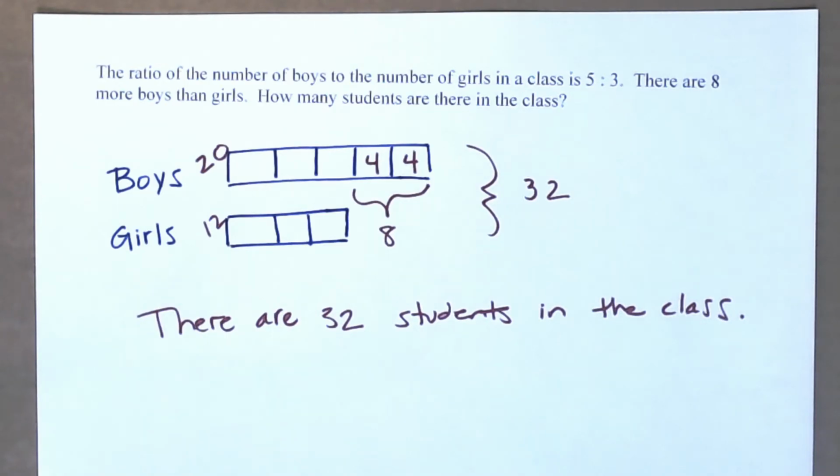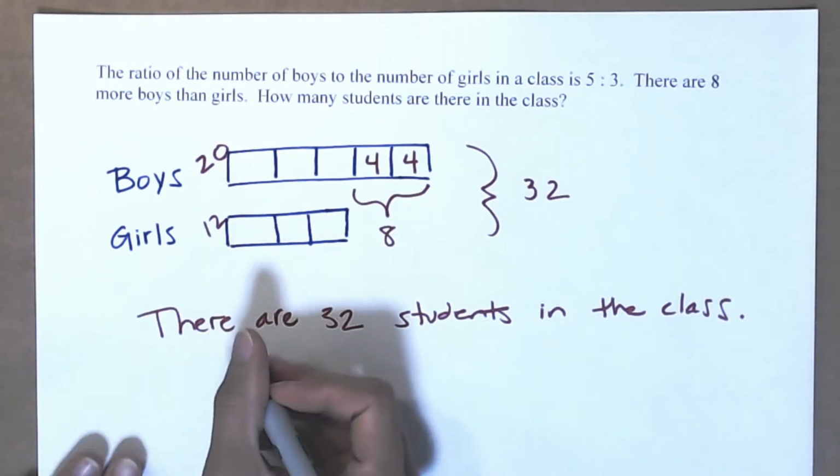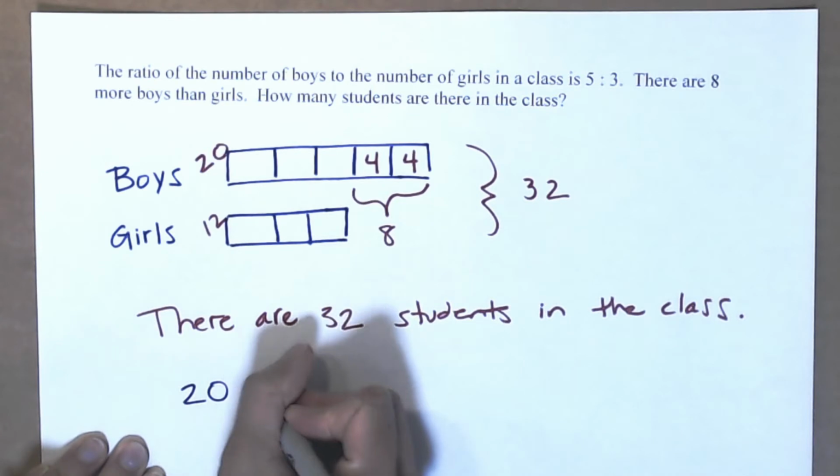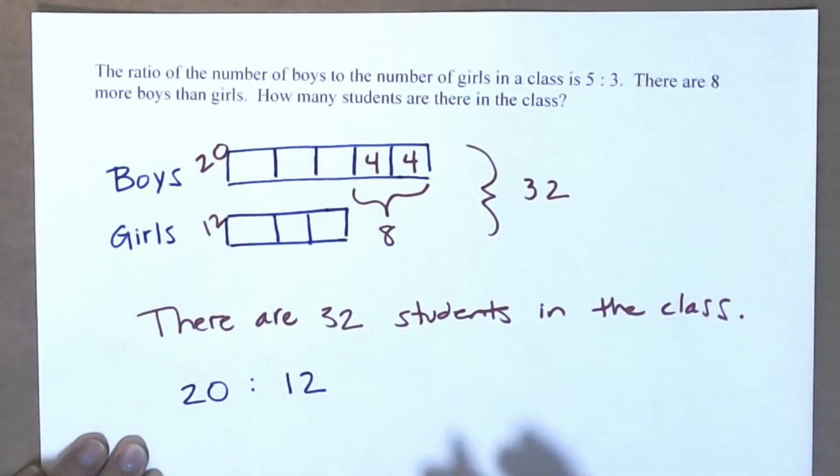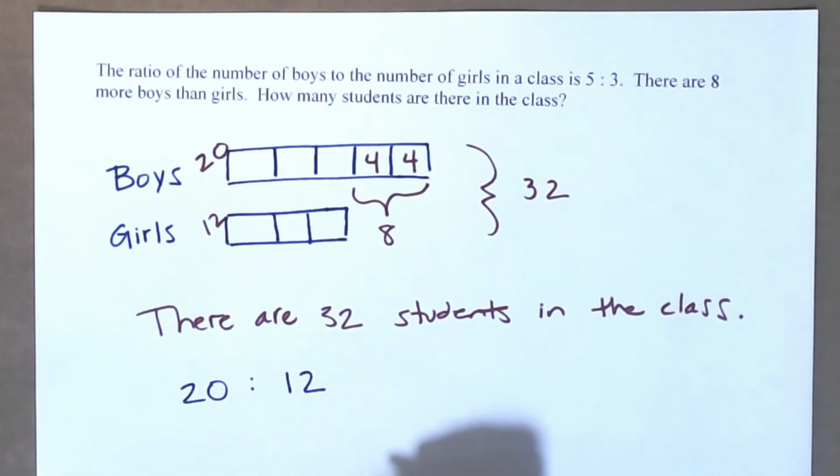Thought I'd do a quick little bonus section here before we move on, just to show that on this last question we did, our ratio of boys to girls is still in that 5 to 3 ratio. So we came up with 20 boys to 12 girls, 20 to 12. And we know that we can simplify ratios just like fractions to find equivalent ratios.